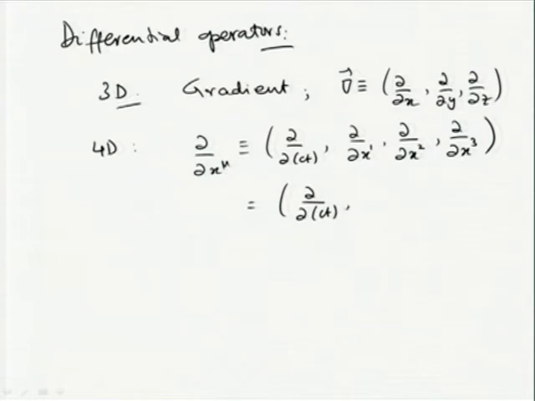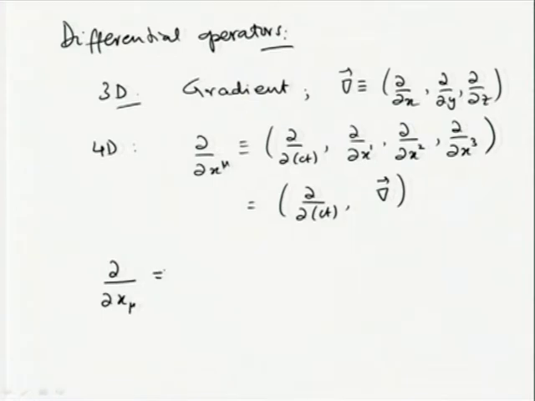Or I can write it in a way which separates the time component and the spatial component written as a gradient. This is one way of doing it, and the other is with μ as a subscript on the x, which is the covariant x_μ.